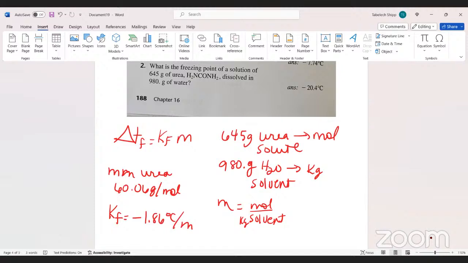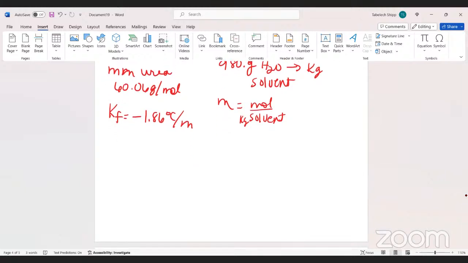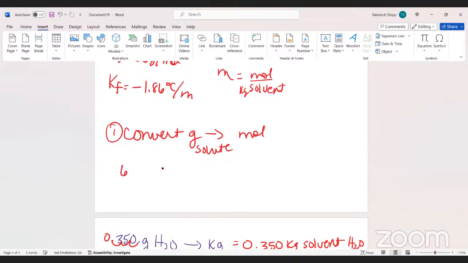All right, so let's go ahead and solve this problem. What you're going to have to do is plug in those numbers. But first, you've got to convert the grams of solute to moles. The grams of that solute, if we go back, was 645 grams. So that's 645 grams of urea times 1 mole of urea over the molar mass of urea.